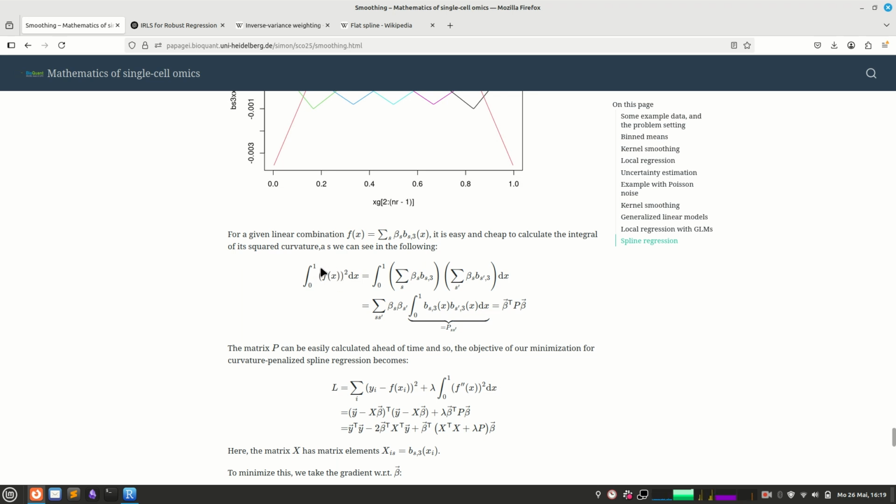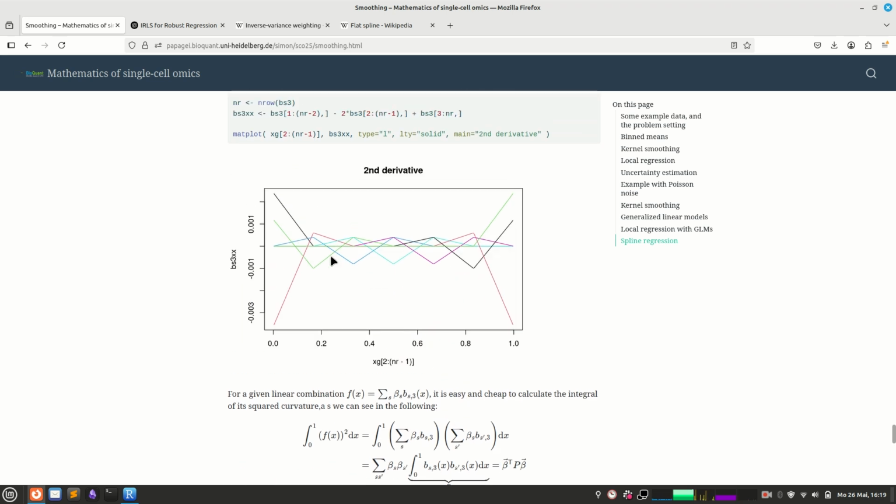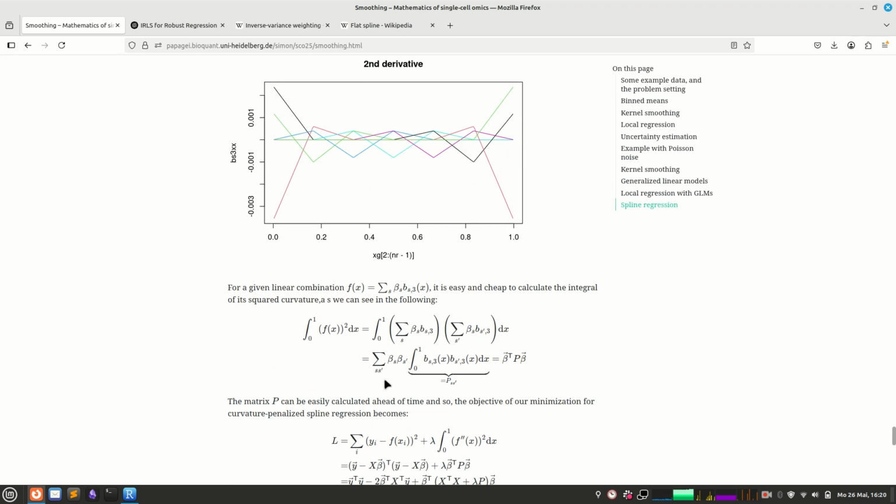So the square of the second derivative of f. And what I have to do is I write f as the sum over s of B_{s,3} times beta_s, and this B_{s,3} should now not be the basis function, but its second derivative. So this line here, imagine 2 primes here that are missing. And here it's the same. These are also 2 primes.